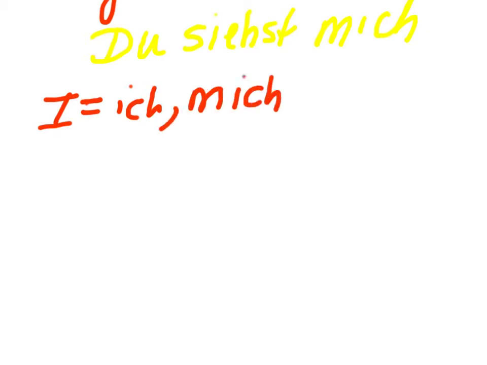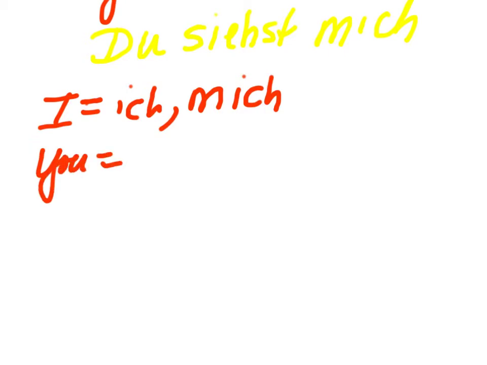So here we go. Let's go ahead and write it down. So I equals ich. It's not a very good equal sign. But as a direct object, it's mich. All right. Du equals. Oh, sorry. It's what happens after a while. You know the language, and then you start thinking in the language. So you.